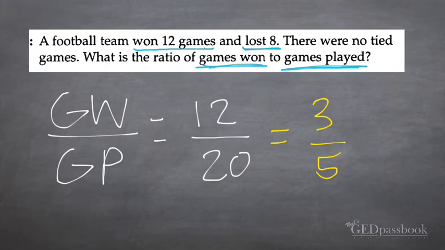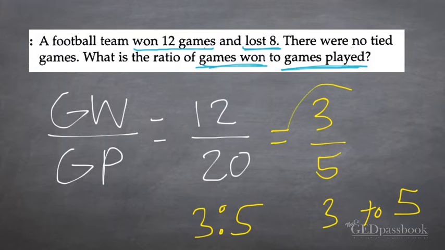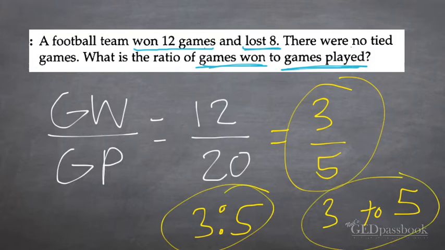So 3/5, again, I don't need to write it, but just in case, so I could have it burned to your brain. It could be 3/5 under your multiple choice problems, or 3 to 5. Either, any of those options are fine as your final answer. Any questions on ratio?